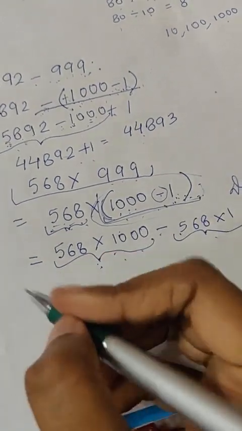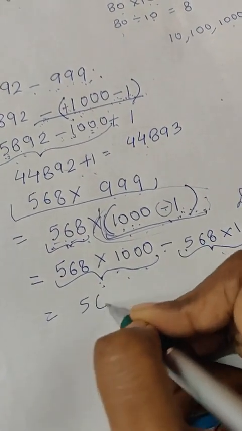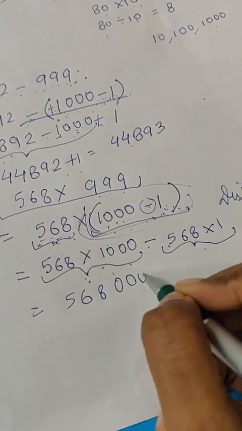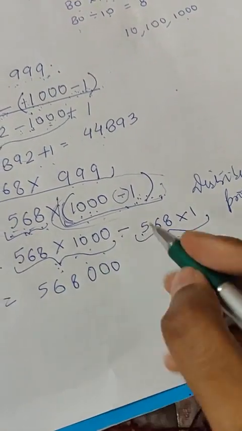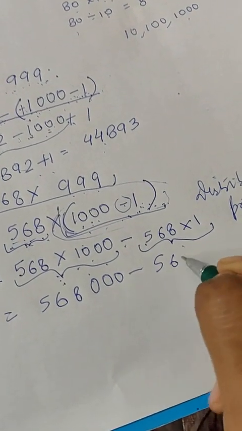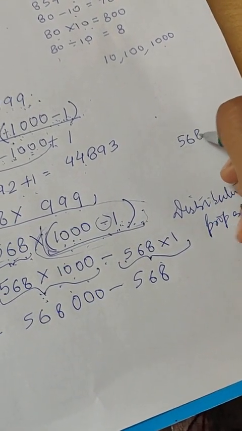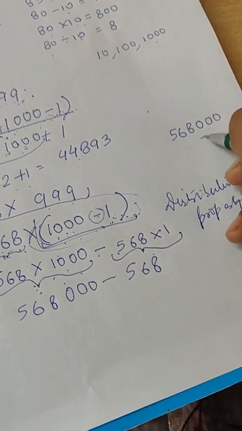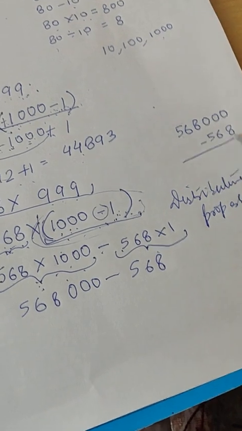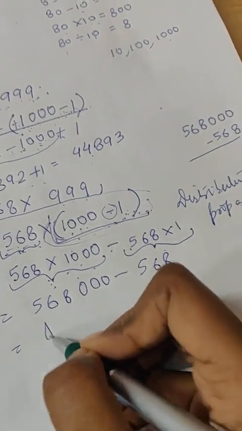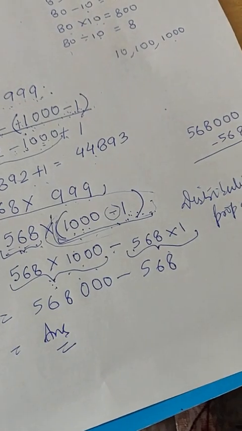So 568 into 1. So you write 568. You know, it is always easy to multiply 1000 by 568. So you get 568000 like this. And now you will subtract 568 from 568000, right? And whatever answer comes, you will solve and write it down.